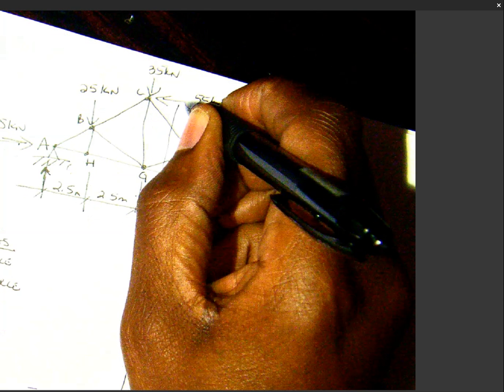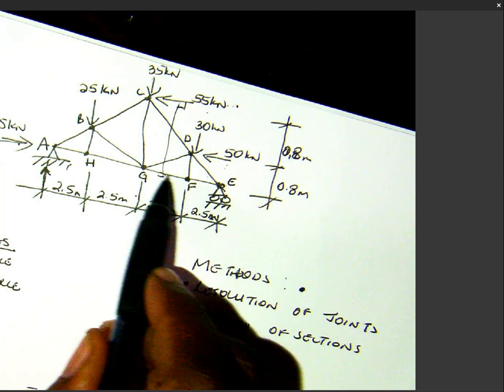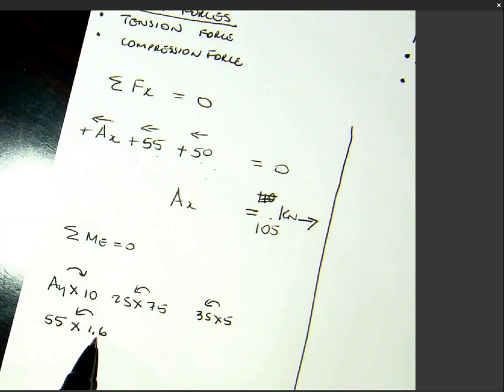That is the perpendicular distance from 55 to E. So I've got 55, I'm writing it down, times that perpendicular distance is 1,6, and it's rotating it in the anti-clockwise direction. There you go. 55 times 1,6, rotating it in an anti-clockwise direction.